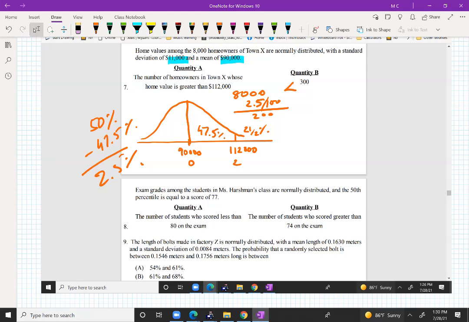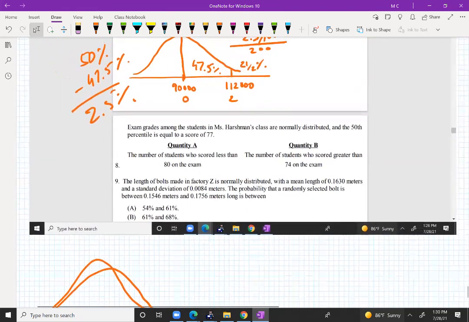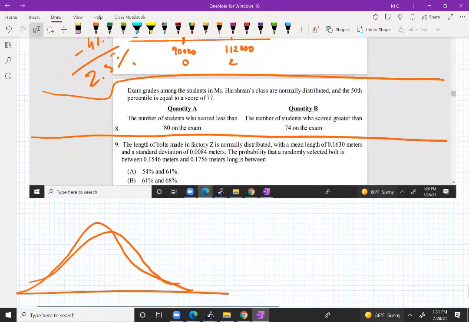No, I didn't get B. I only picked that because, I don't know. Is it D, unable to tell? No, it should be C. Let me show you why.